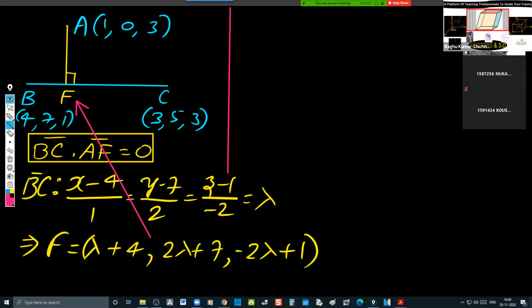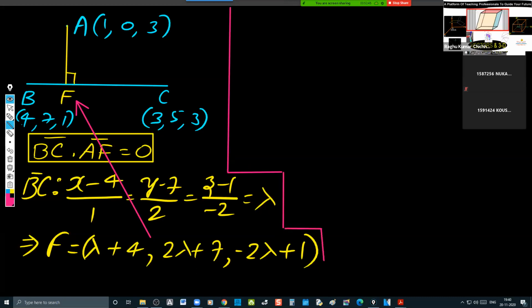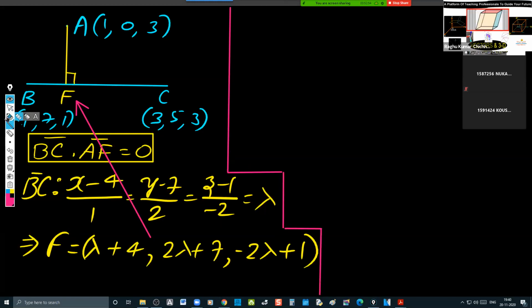Now, tell me BC bar, please. BC bar means OC minus OB. Tell me what is OC minus OB. It is already written: 1, 2, minus 2.